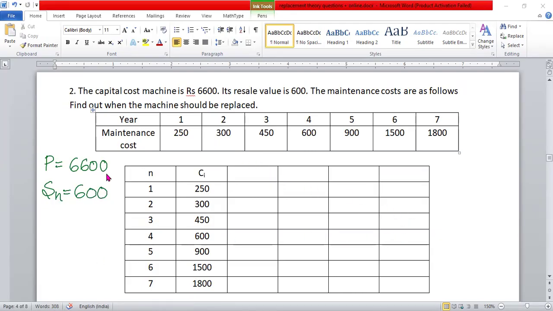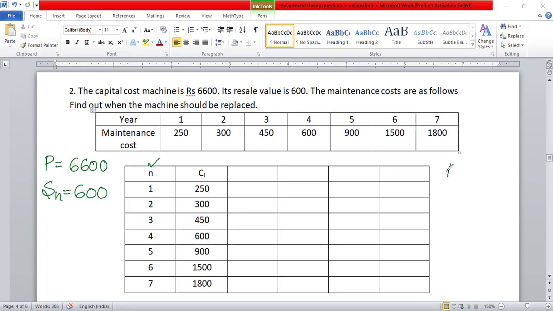The maintenance cost is given, and find out when the machine should be replaced. Look at the first column, they have given years: 1, 2, 3, 4, 5, 6, 7. And always the second column is called maintenance cost, denoted as CI. The data: 250, 300, 450, 600, 900, 1,500, 1,800.